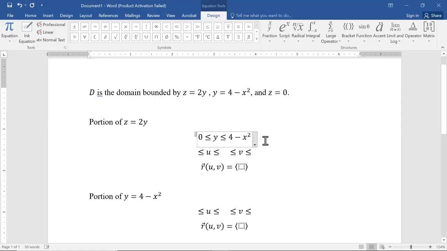Now, why are the y values going from 0 up to 4 minus x squared? Well, because when we looked at that graph, we could see that if you were going from y equals 0 to y equals 4 minus x squared, it's basically that straightforward.